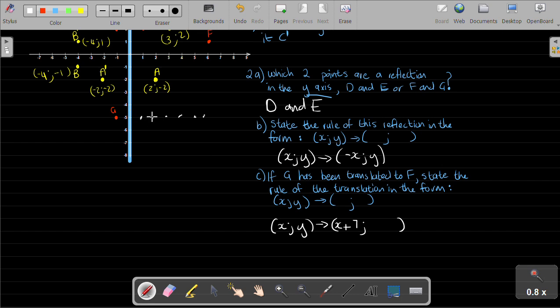So it'd be 1, 2, 3, 4, 5, 6, 7. And then what did we do to our y value? Let's have a look. So if we're over here, we're going 1, 2, 3, 4, 5, and 6. So that is how much we moved in the vertical direction. So we're going to add 6 to the y value.